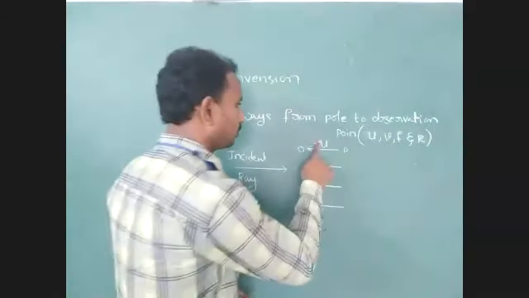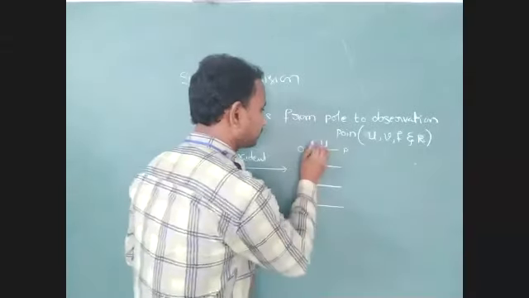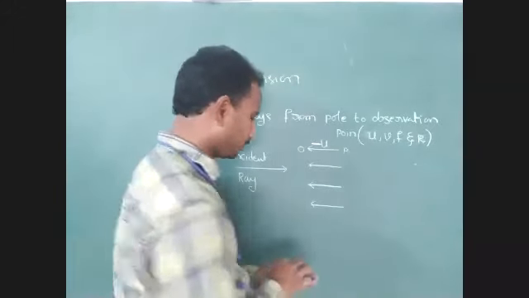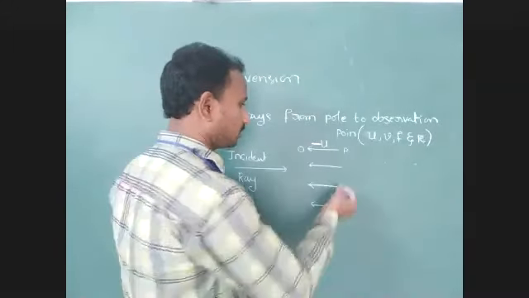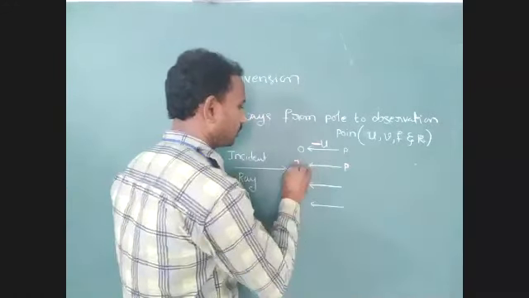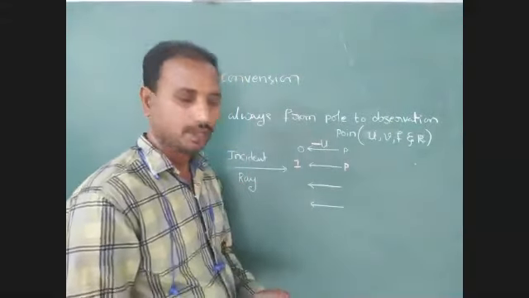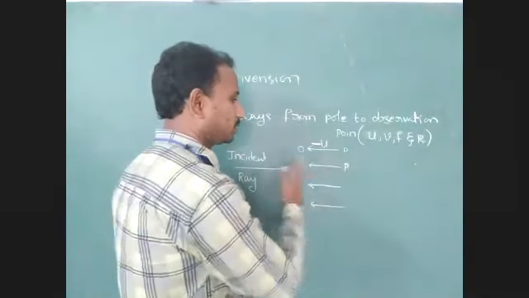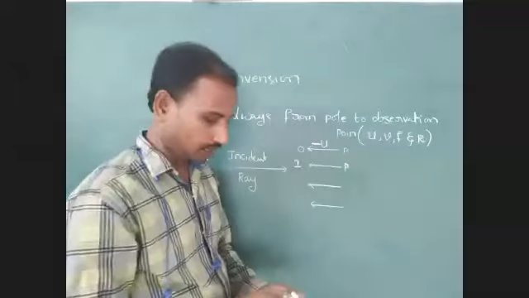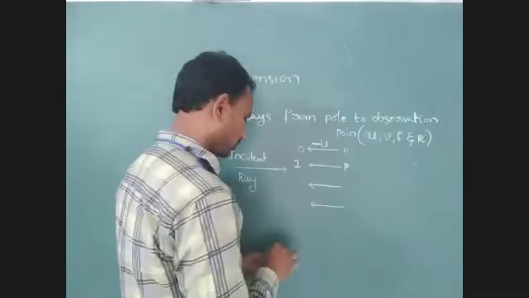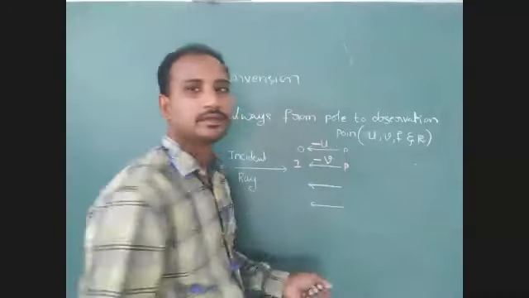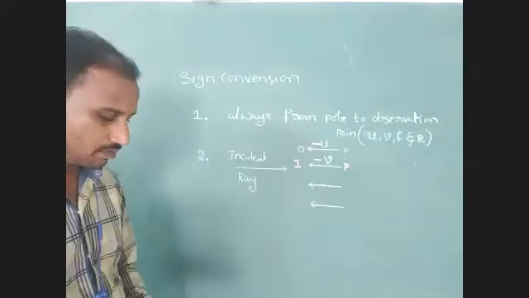Similarly, image distance is calculated from pole to image formation point, opposite to the incident ray direction, so the sign for image distance is minus v.